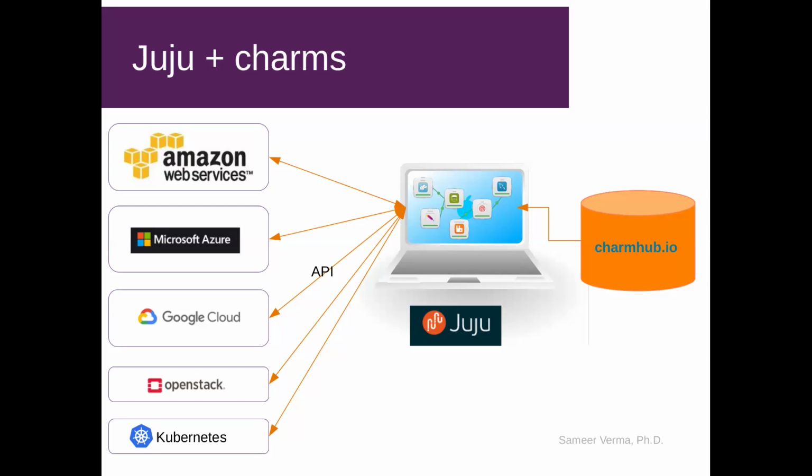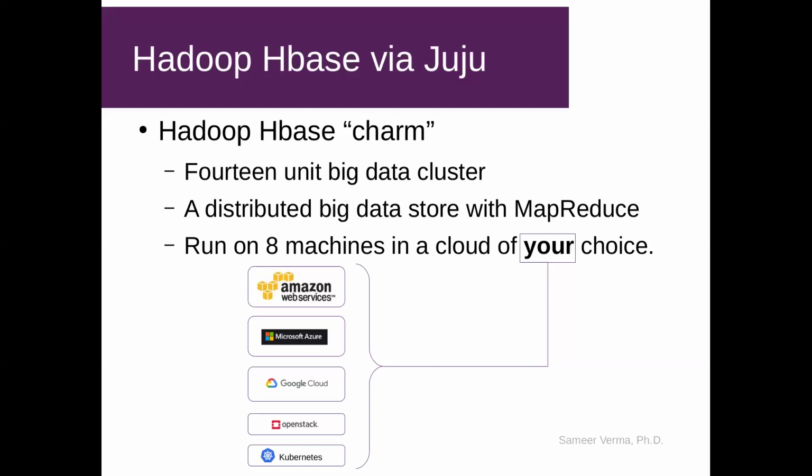And then Juju basically tells the backend how to install all this. It's near magical when you run with it. Okay, so here's an example. Like if you wanted to install HBase, which is Hadoop HBase for big data stuff from back in the day, you could pick your cloud and the model would basically run on 8 computers.